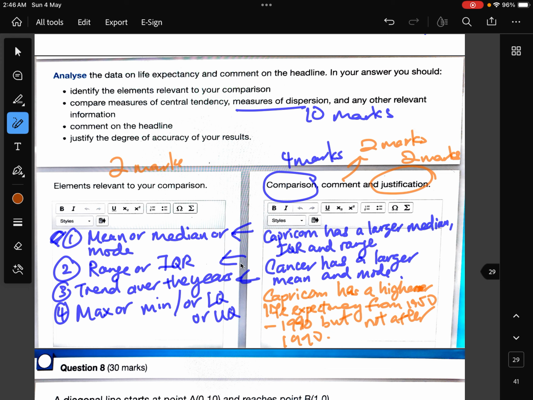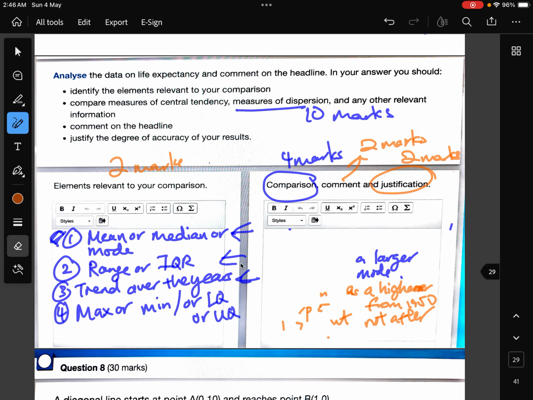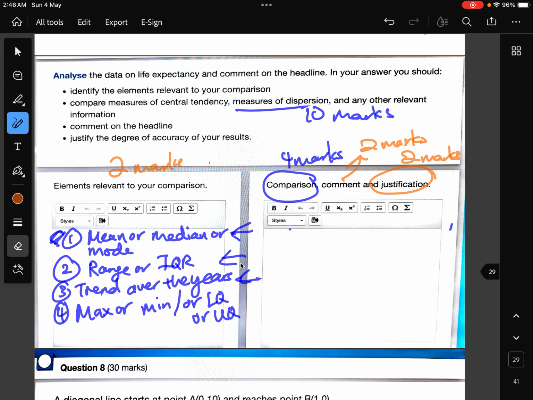And finally, I'm just going to talk very briefly about justifying the degree of accuracy of the results here. This is a very interesting question because it's more like a real life problem, and we want to look at how we can actually justify the degree of accuracy of our results here. Now, I think there's several possible reasons for this.